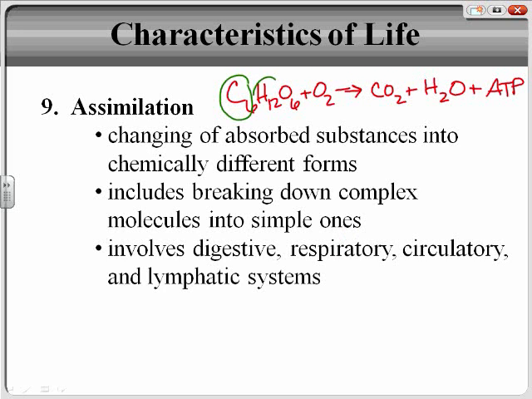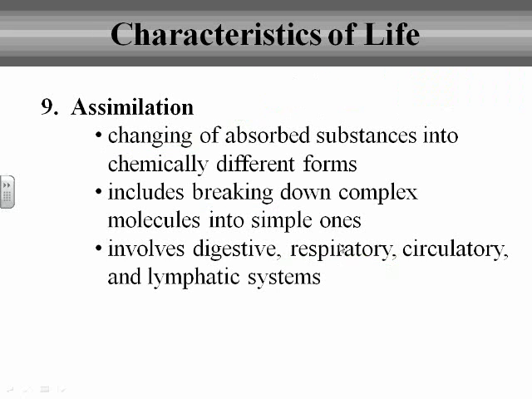We've got our carbon, we've got our hydrogen, our oxygens, and the same thing on the other side, carbon, hydrogen, oxygens, all right? But the difference is that we've changed them, all right? We've taken those molecules and we've converted them into another form. So the idea of breaking things down, complex into simple forms, right? Or digestion, like respiration, respiratory system, circulatory. All these different systems require the ability to transfer molecules, change them from one thing into another.